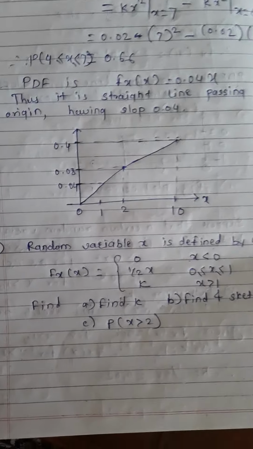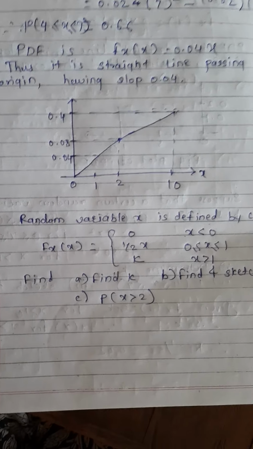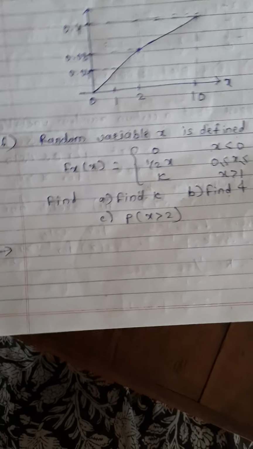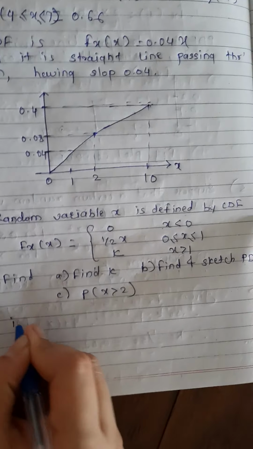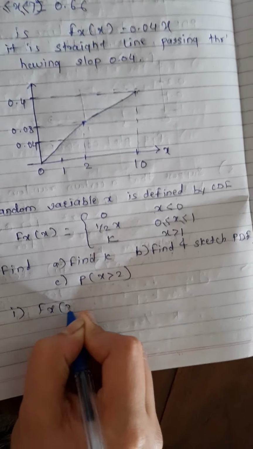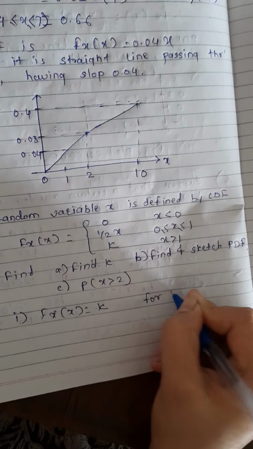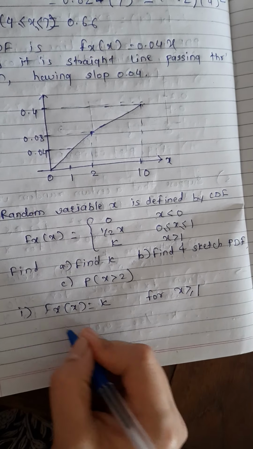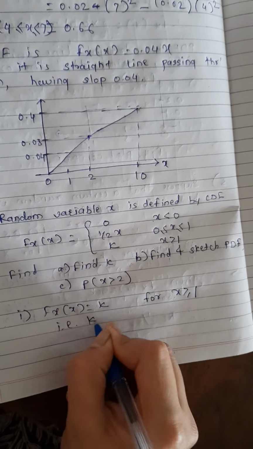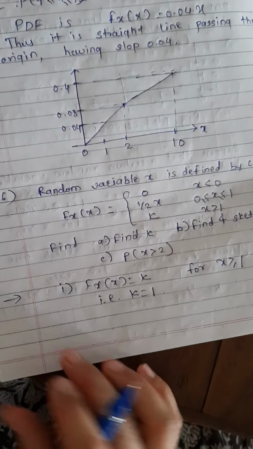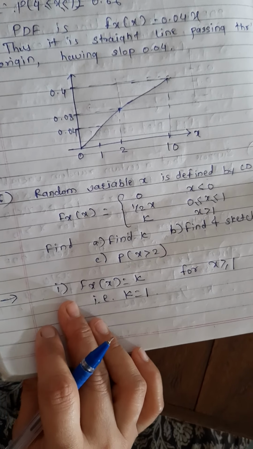So first we have to find the value of k. For that we write here fx of x is equal to k for x greater than or equal to 1, that is we can write k is equal to 1. Okay, now next, second is find and sketch the PDF.